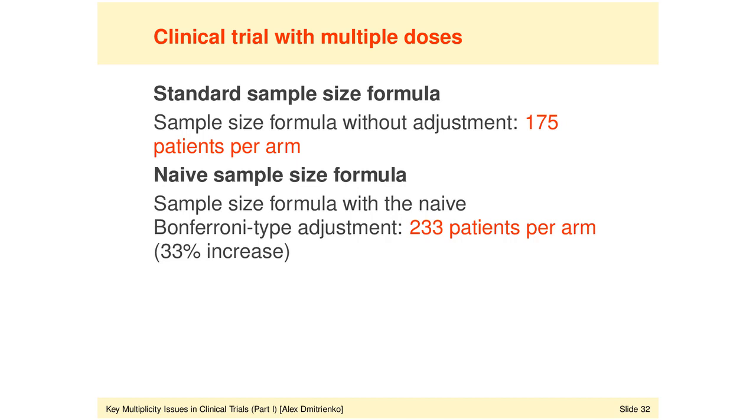When we switch to the naive formula that attempts to incorporate a Bonferroni type adjustment, the sample size per arm is going to increase by 33%, and we're going to end up with 233 patients per arm. What can we say about this analytical approach to performing sample size calculations in trials with several dose-placebo comparisons? Well, we may suspect that it is unreliable, but it will be very instructive to understand what specifically is wrong with this naive approach.